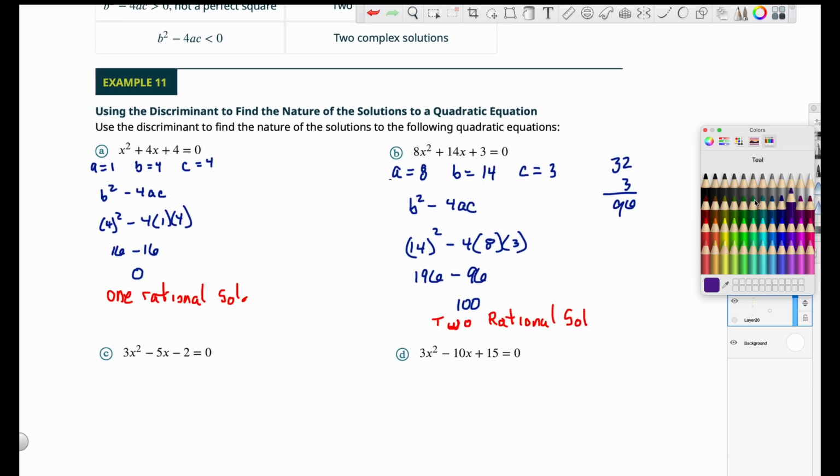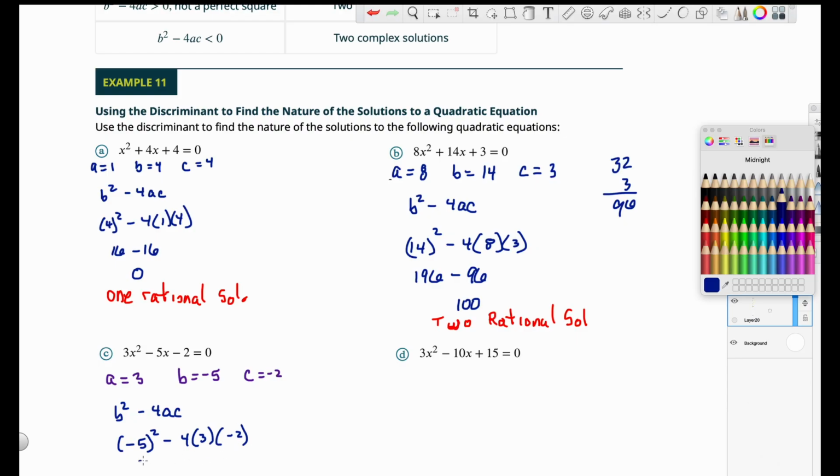Next one here. So b squared minus 4ac: negative 5 squared minus 3 times negative 2.